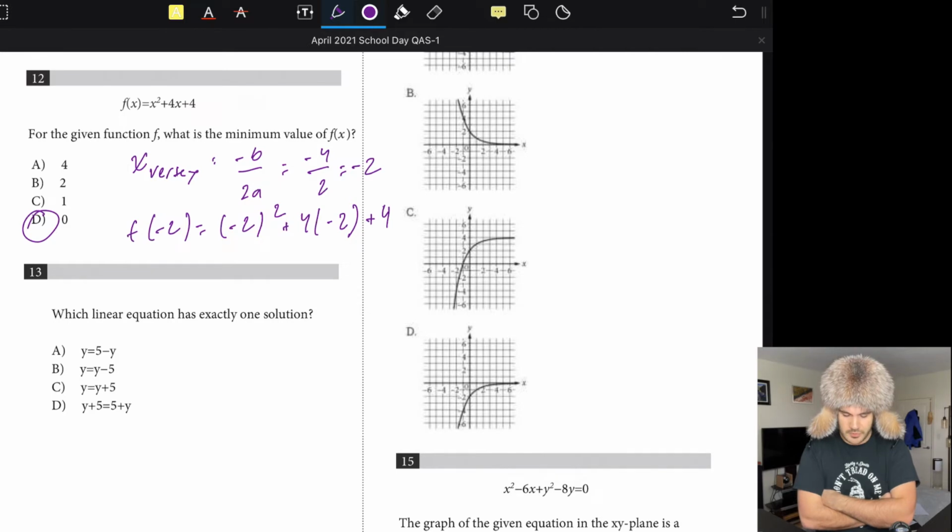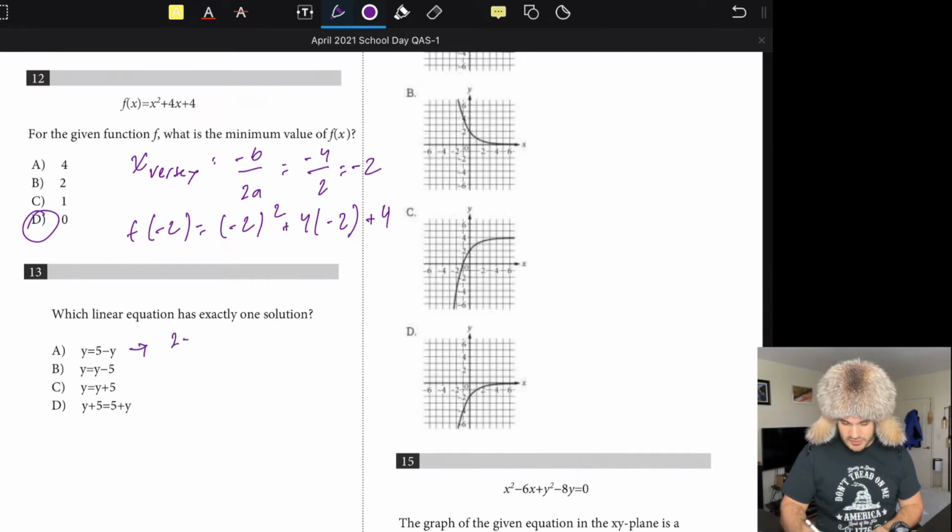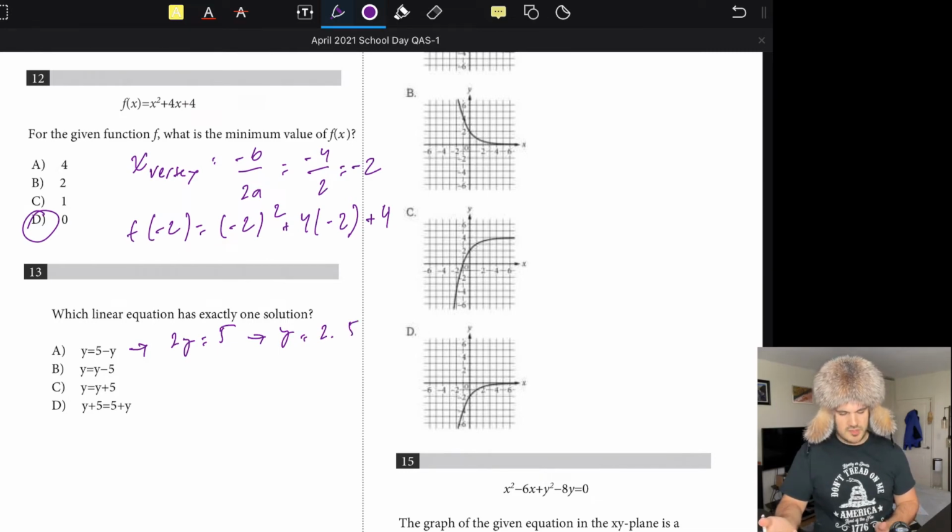Okay, so let's look. Answer choice A, if we solve this out, this is going to get us 2y equals 5, which will then result in y equals 2.5. Okay, that's one solution. That seems to work. This is a trick question. Let's mark it off.